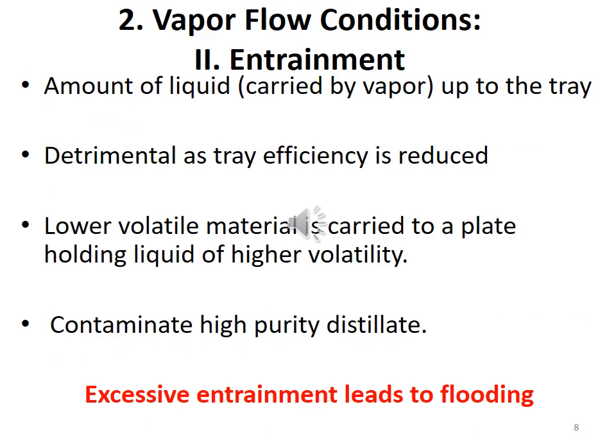Entrainment refers to the amount of liquid that is carried by vapors up to the tray, and this entrainment is caused by high flow rate of the vapors. The process of distillation is supposed to separate different components depending upon their boiling point.